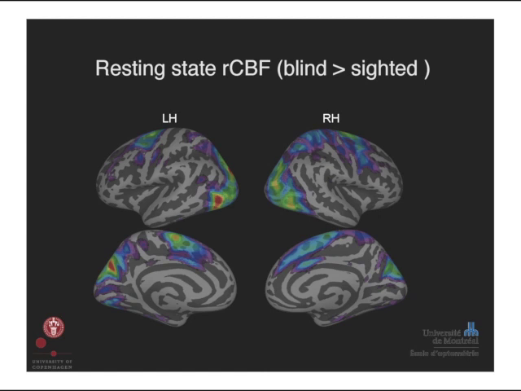If you inflate the cortices to get rid of the sulci, you will see that in the blind the visual cortex also seems to be very active compared to the sighted. So there is a supra-metabolic activity.